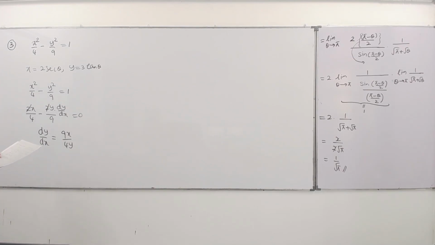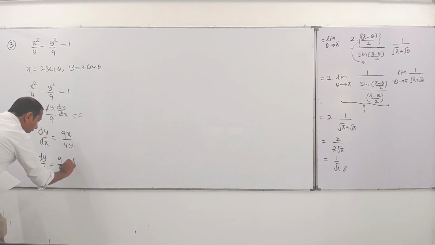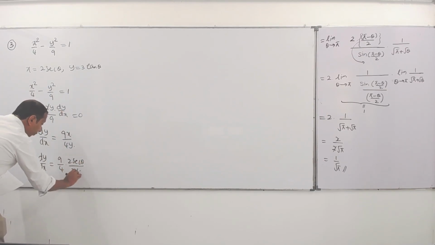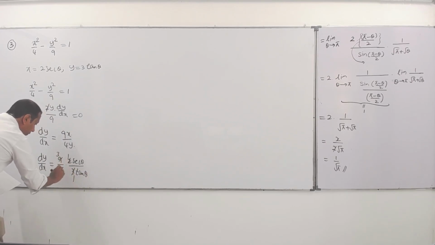Now we need to find the dy by dx at the point. Then the coordinates of x and y should be substituted here and here to find the dy by dx at that point. 9 by 4. The x coordinate is 2 sec theta. The y coordinate is 3 tan theta. This and this we can cancel down.